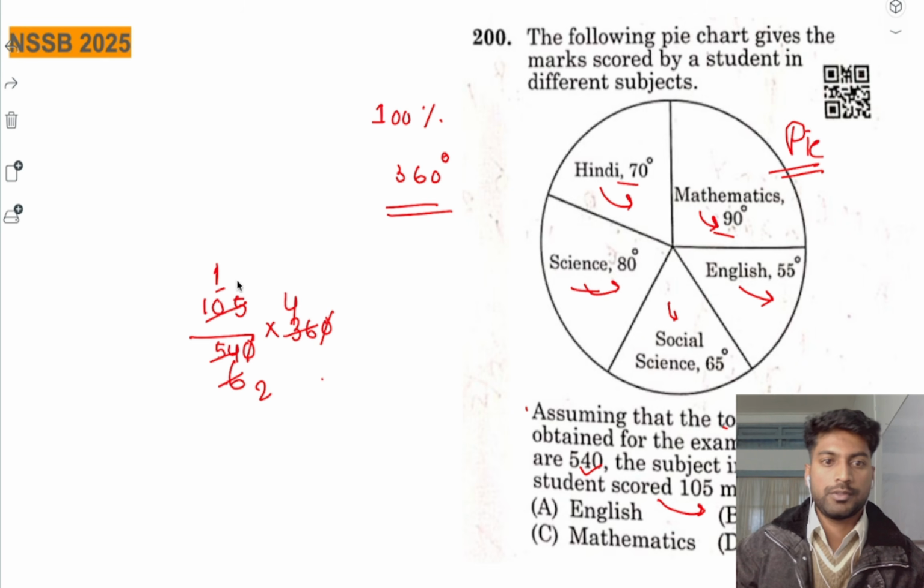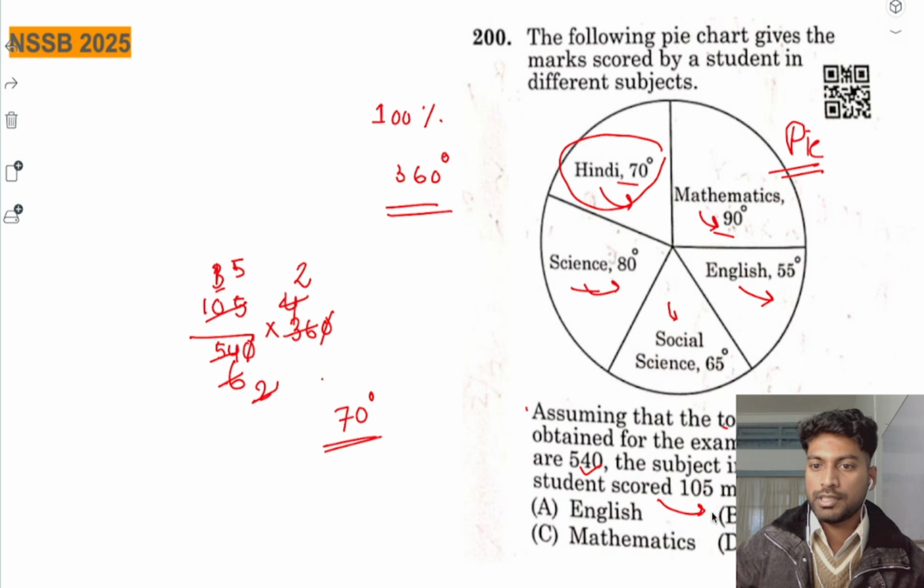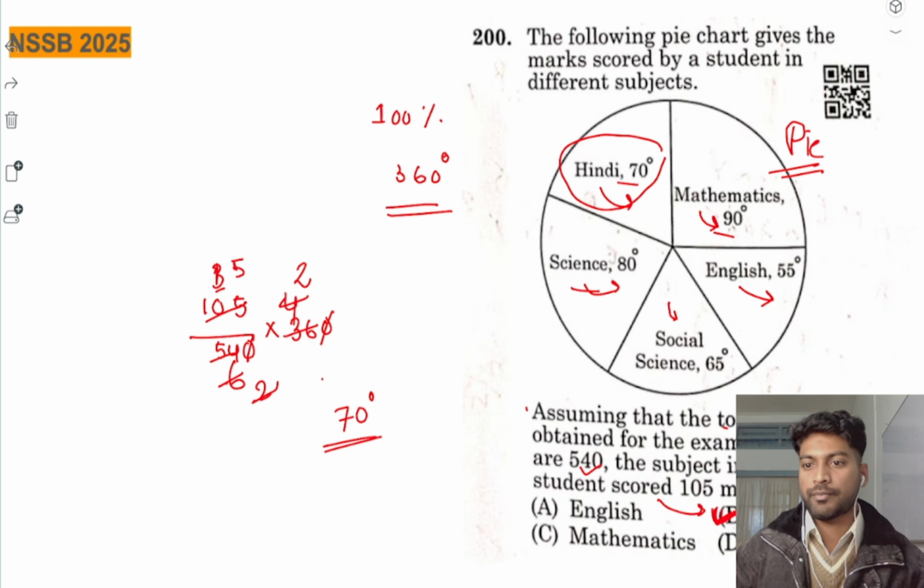So it will be 2, and 3 से काटेगा, it will be 3 times 5, 35, and here it will be 2. So 35 into 2, 70 degree. So which one is 70 degree? 70 degree is represented by Hindi. So someone scored 105 marks, that is Hindi.